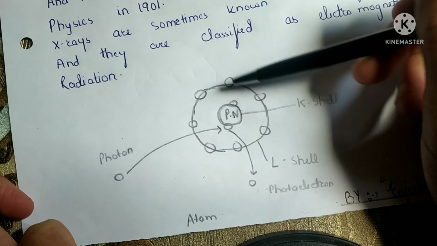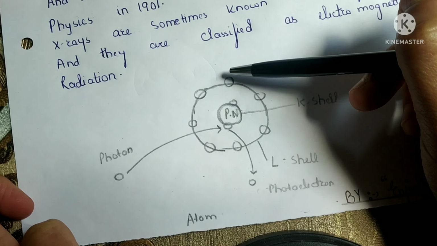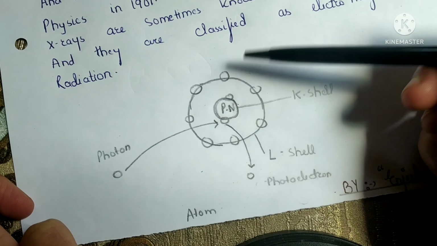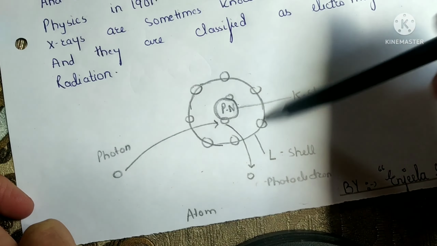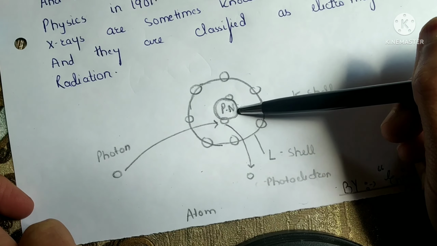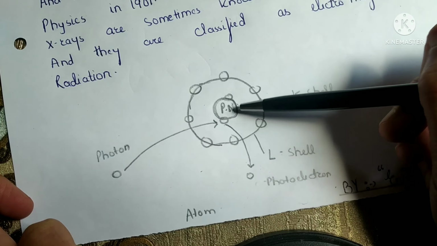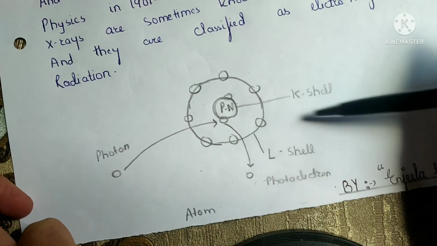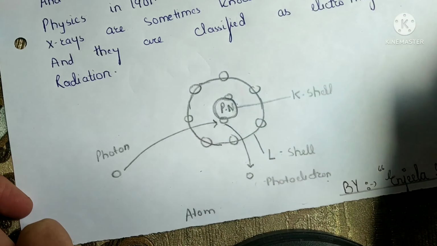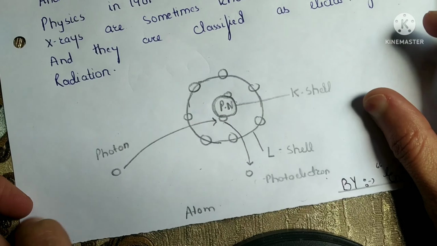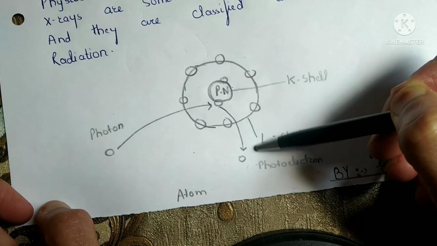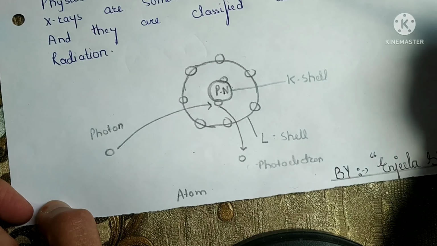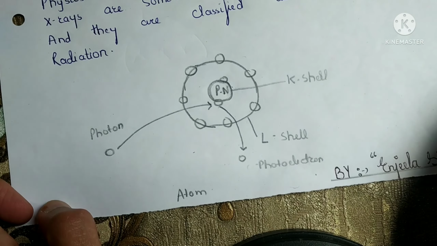And in orbits there are electrons having negative charge. It has got many orbits. This is the K shell: the innermost shell of electrons, close to the nucleus, is called the K shell. And outside the K shell is the L shell.